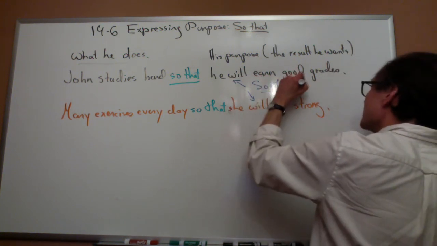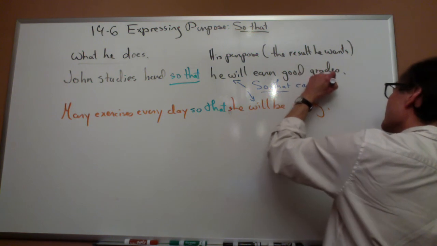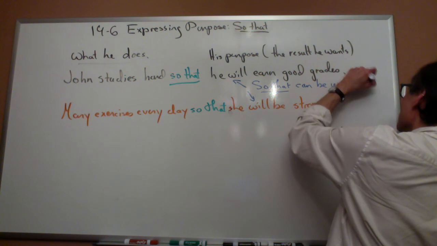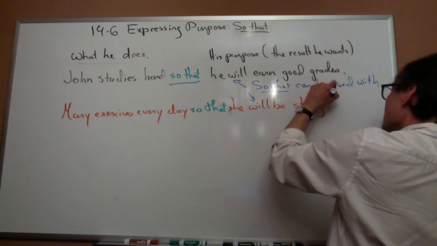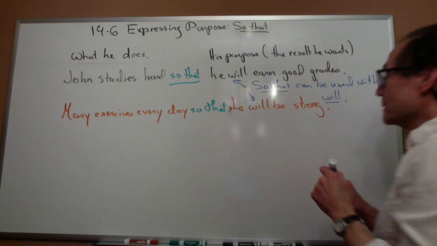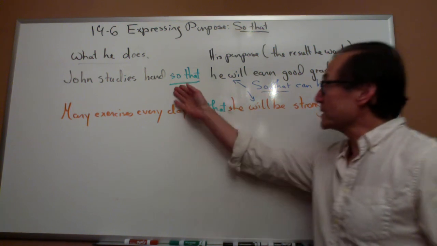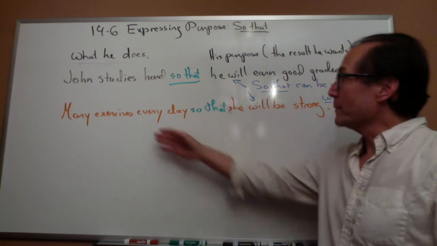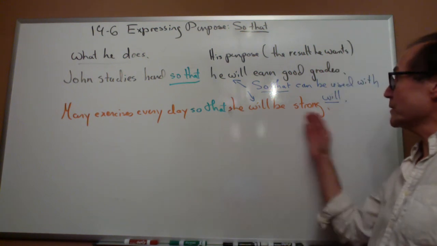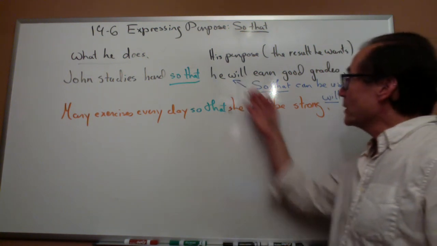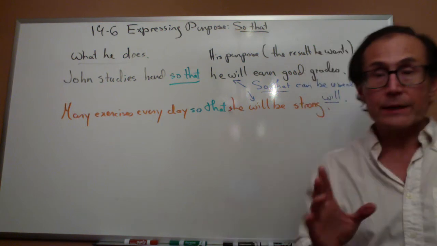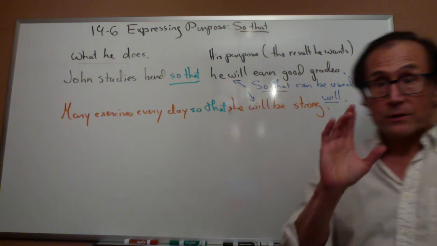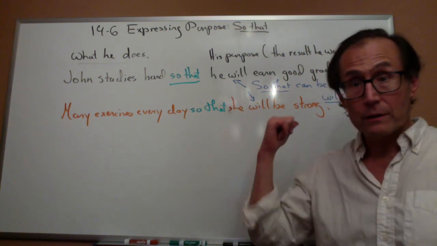So that can be used with will in the result. So I could say, John studies hard so that he will earn good grades. Or Mary exercises every day so that she will be strong. So one word that I can use in the result clause of so that is will.